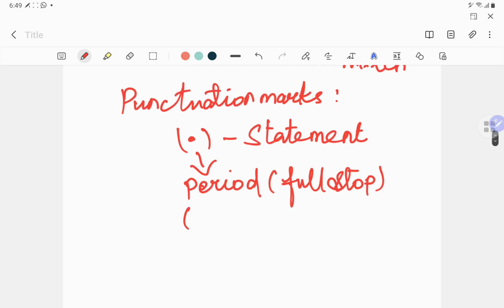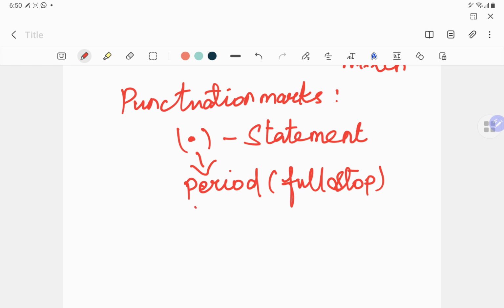Okay, and then comma. Actually comma is a punctuation mark, but if you go to the types of sentence, there is no need for a comma. Here we have the punctuation marks exclamation marks and question marks alone. So the second one is interrogative sentence.